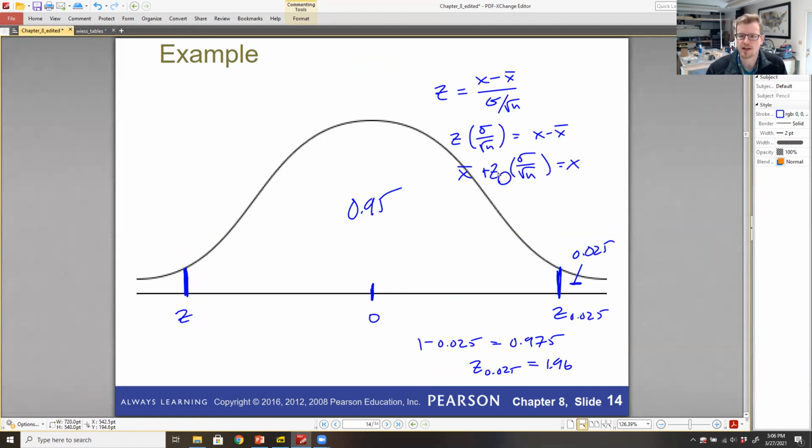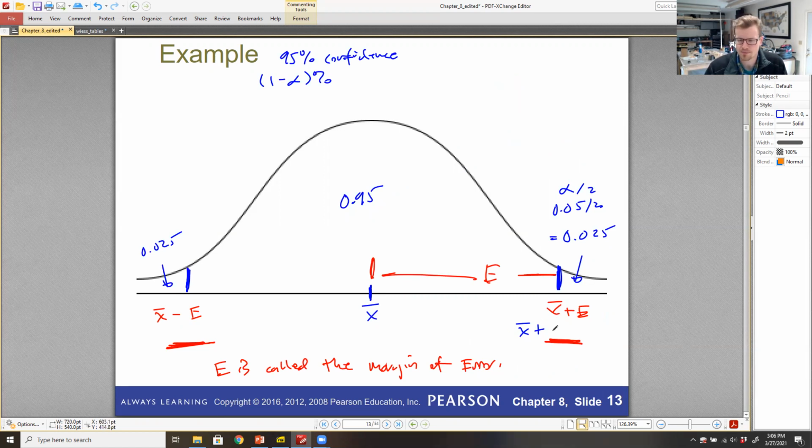So these z values are expressed as alpha over 2. So this is x bar plus, in our case, 1.96 times the standard deviation divided by square root n, and that is the error. And the error over here is the same thing. We're just subtracting it, 1.96 standard deviation divided by square root n.